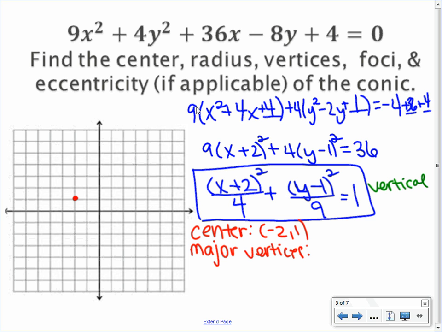A squared is 9, which means A is 3, so we're going to move vertically 3 units. And I'm going to write those coordinates down for our major vertices. So let's see. -2 and 4, -2 and 4.